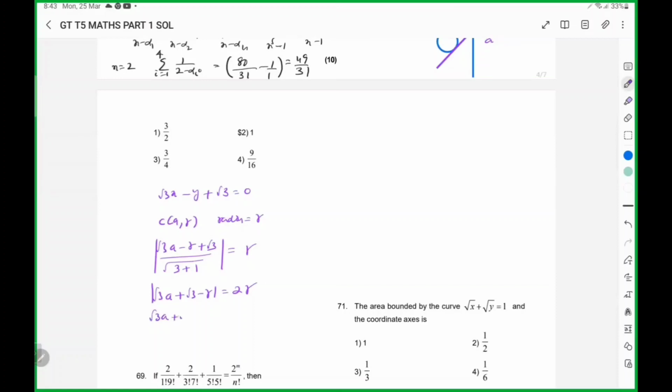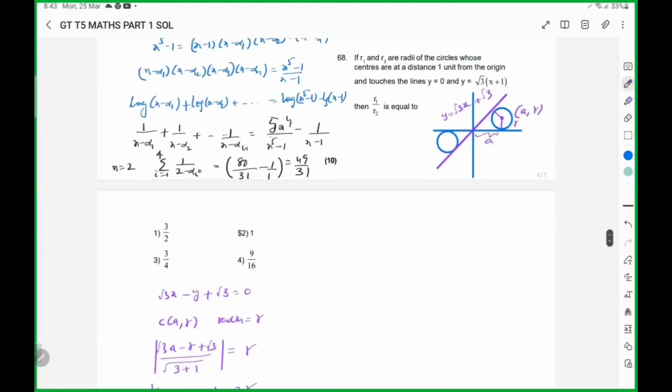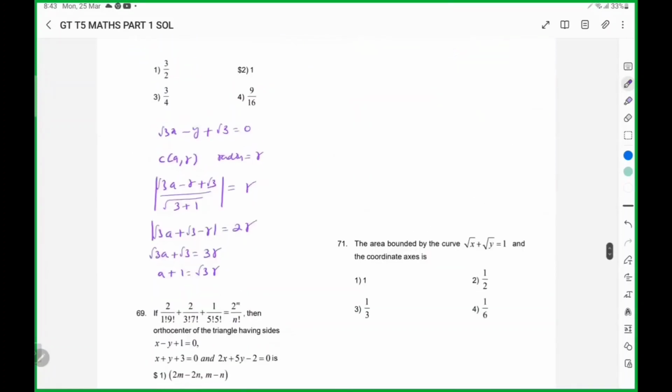In one of the cases, if you take positive, this is 3r. a plus 1 is root 3r. And he told center to origin, a square plus r square is 1. So here a is equal to root 3r minus 1.